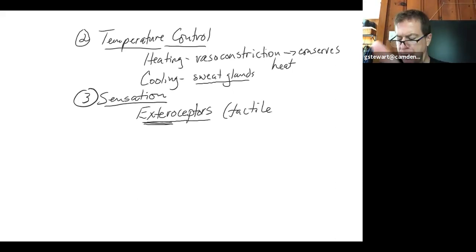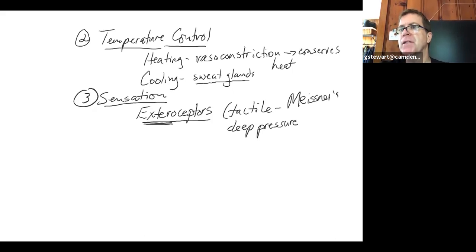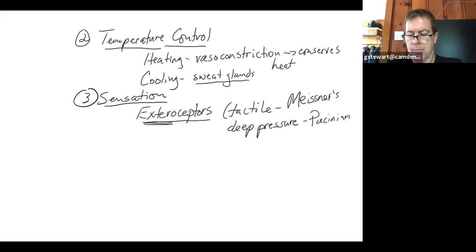And deep touch, so the Meissner corpuscles are tactile. I'm just going to put tactile, and deep pressure. Just to remind you, the Meissner's corpuscles are tactile, deep pressure are called Pacinian. They're associated more with pain receptors. Okay, that's all I'm going to say about number 3, just because I have so much to say today.